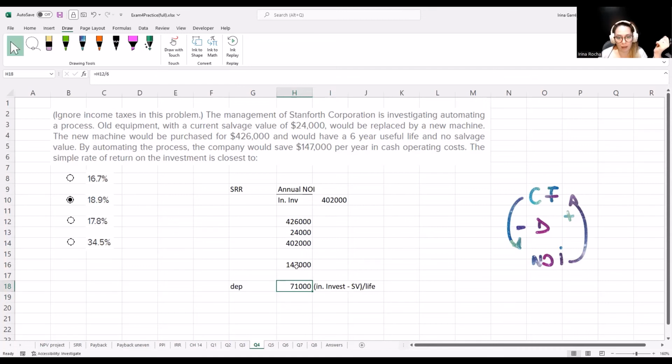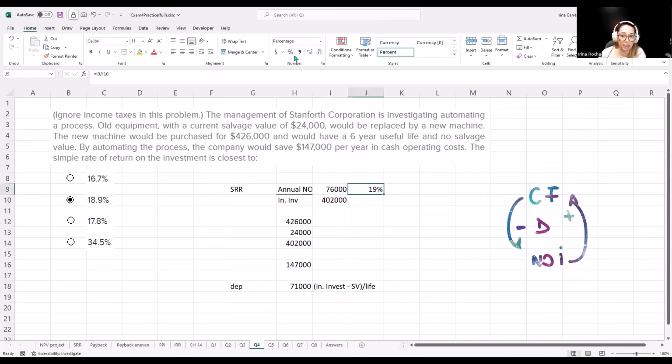Now this is how much money I'm getting into the company, my cash flow. So my annual net operating income is equal to the money I'm getting minus depreciation. And if I divide those two, I get a decimal number, so if I express it as a percentage, there we go. I have that answer, and that is the right answer.